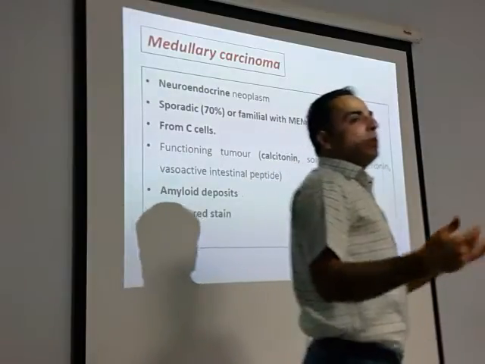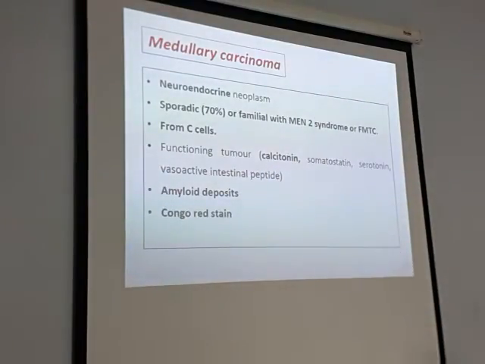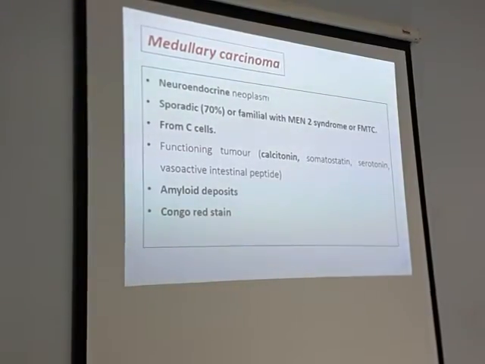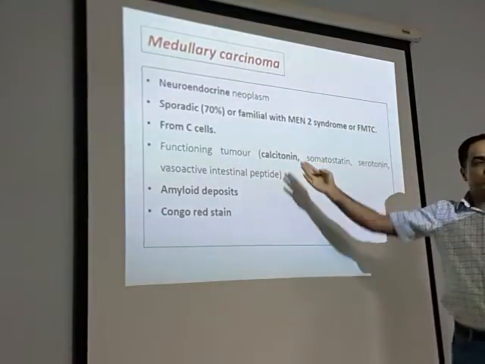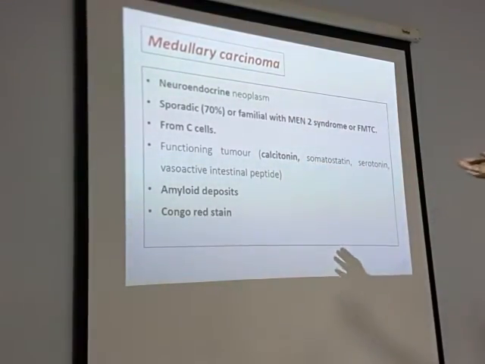This is a hormone secreting tumor. Because normally, what is the function of C cells? So same, it will also continue to secrete calcitonin. In addition, it can secrete the other hormones like somatostatin, serotonin, and VIP. And this is associated with the deposition of amyloid in the tumor.